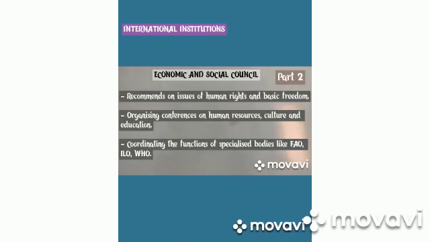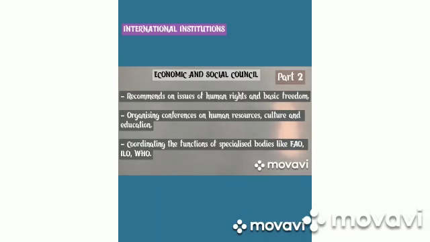Then only there is value for human lives. They also organize conferences on human resources, culture, education, etc. Some conferences are arranged by this council so that it becomes possible to give people exposure to the above matters.